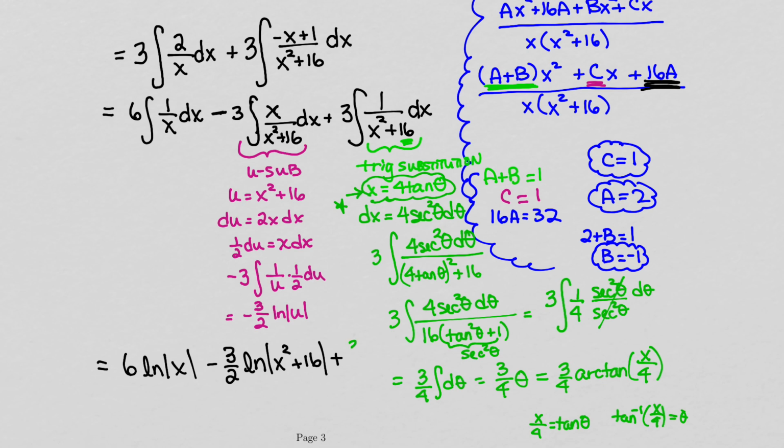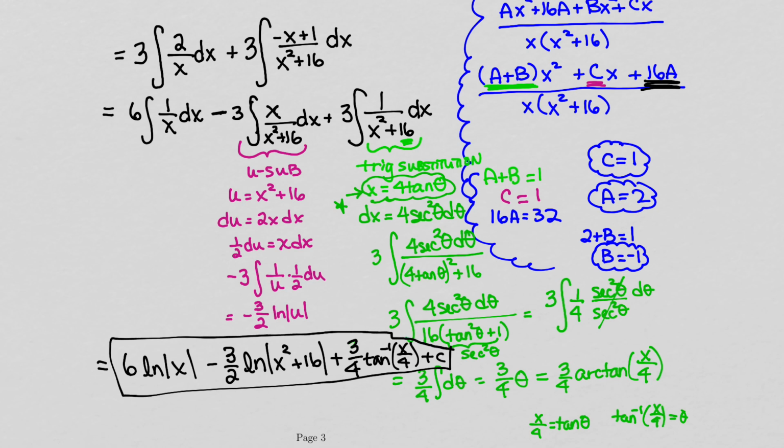See if you guys are matching. I think we should get 3/4 tan to the -1 of x over 4 plus c. My work's kind of all over the place, but let me see if you guys are matching, and I'm going to stop and pause and see if you guys have questions.